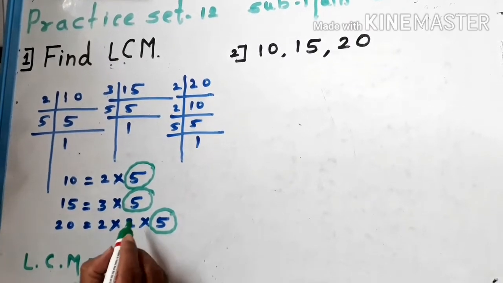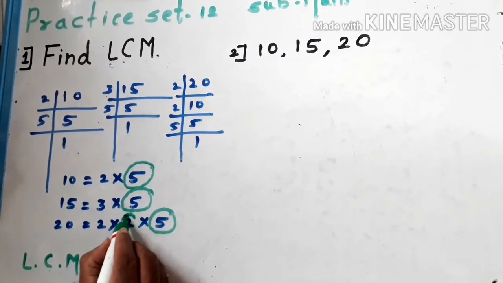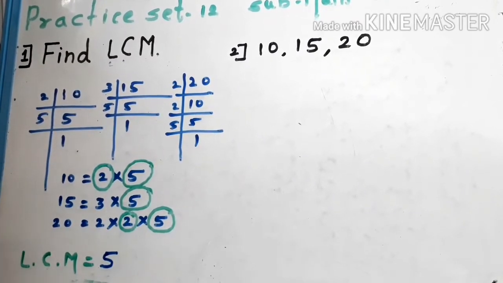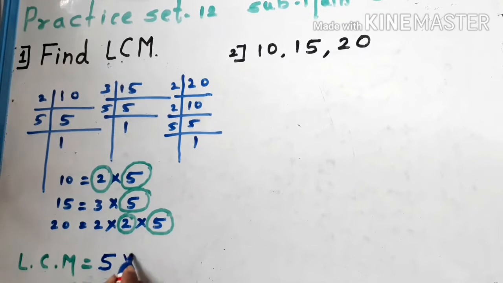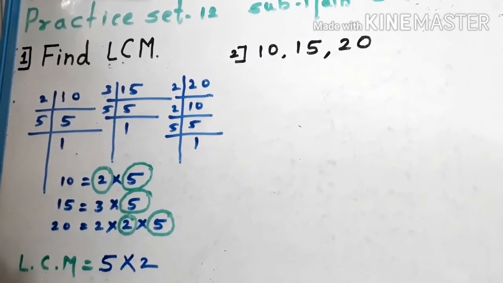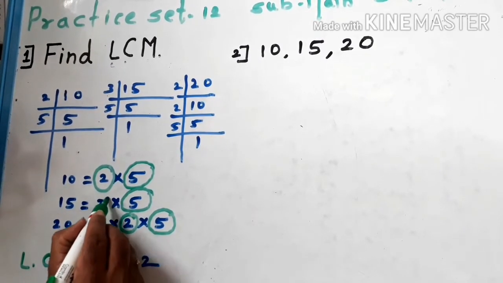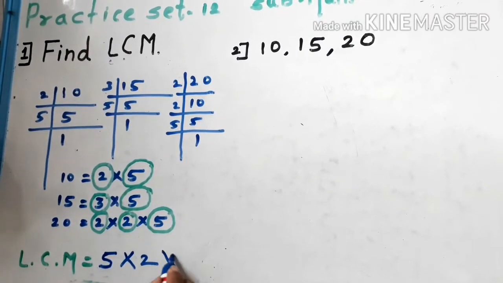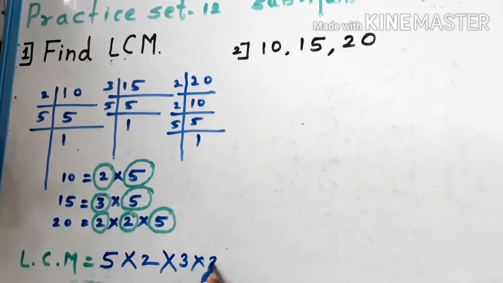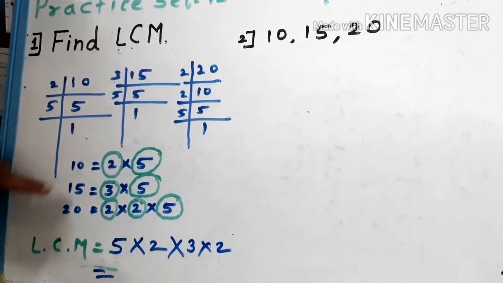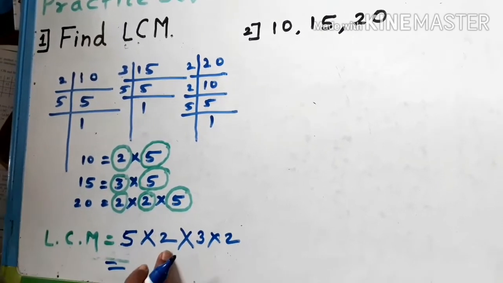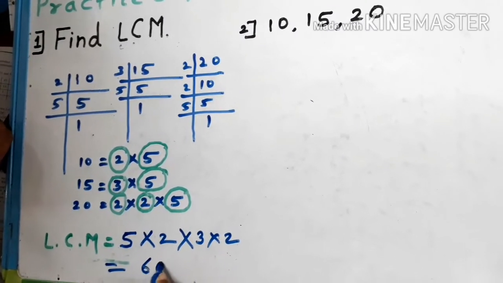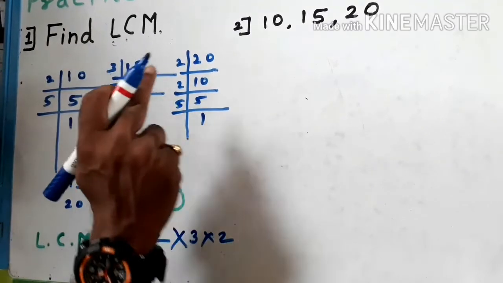Then 2, then this 3 and 2. So the LCM of 10, 15 and 20 is 5 into 2 is 10, 10 into 3 is 30, 30 into 2 is 60. 60 is the LCM of 10, 15 and 20.